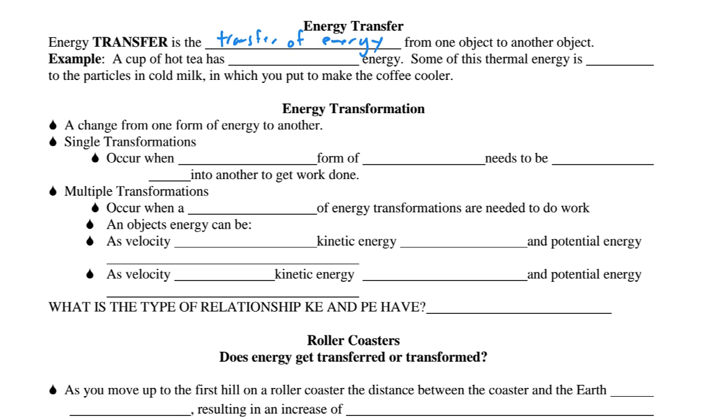Example, a cup of hot tea has thermal energy. If it's hot, some of this thermal energy is blank to the particles in cold milk, so transferred, which you put in to make the coffee colder.